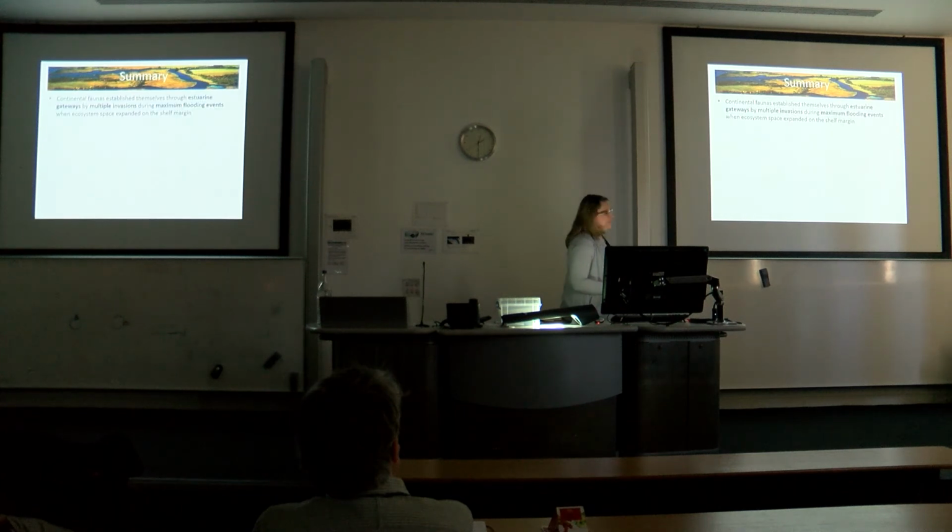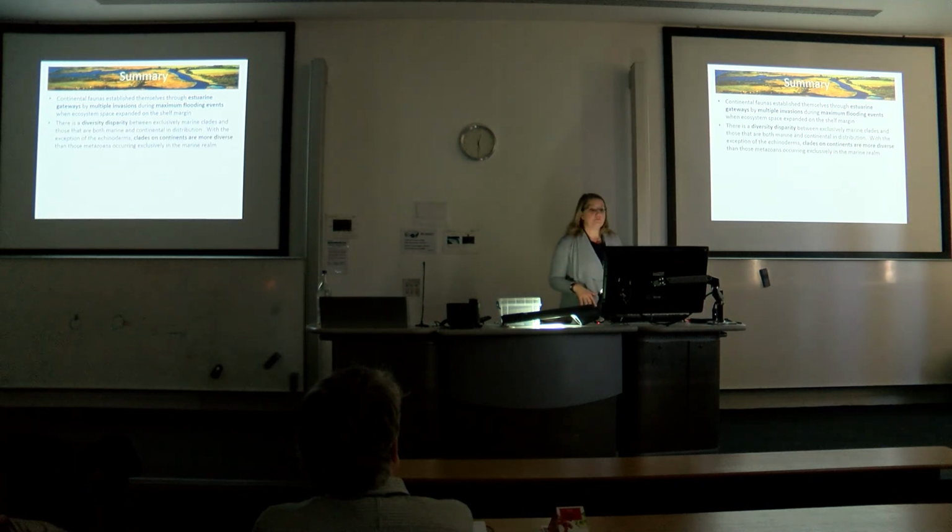So to summarize, we think that continental faunas, and here we're mainly focusing on lacustrine faunas, established themselves through estuarine gateways, and they did so by multiple invasions and maximum flooding events when ecosystem space expanded on the shelf margin.